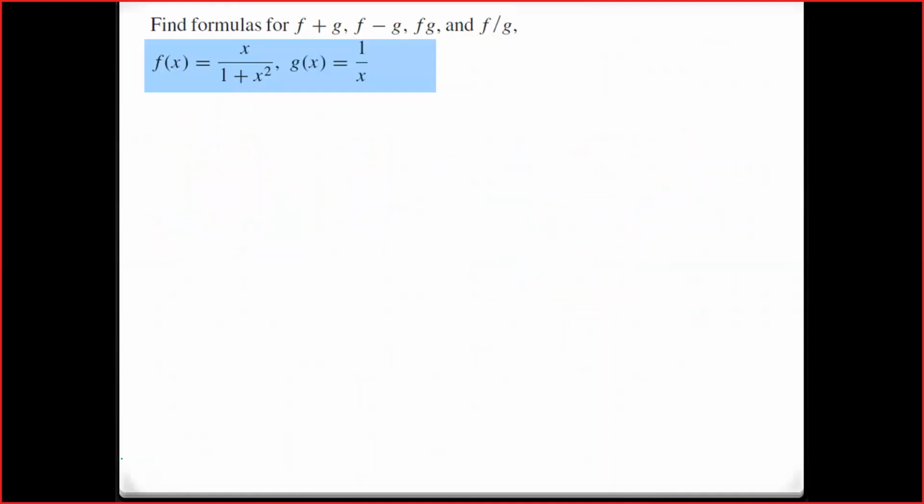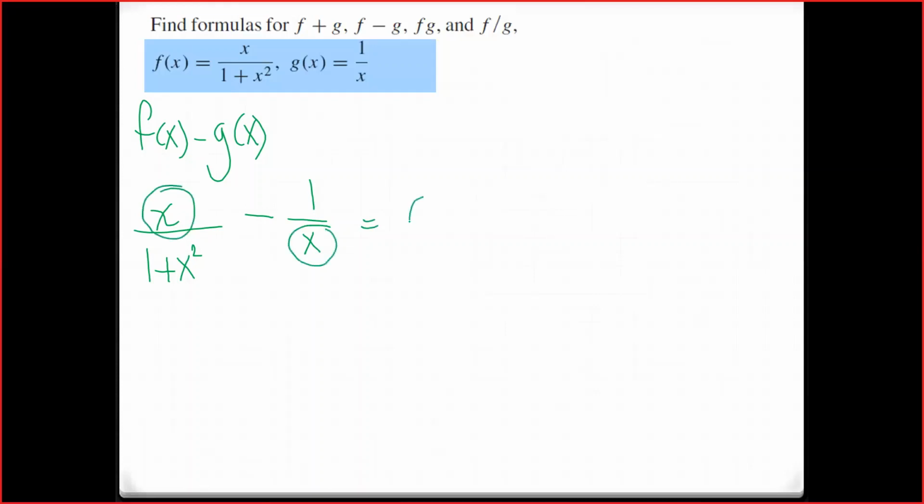Now, let's do f of x minus g of x. x over 1 plus x squared minus 1 over x. Here also, we have to do the same steps. We have to find the common denominator. x multiplied by x is x squared. But in the first step, we put a plus sign. Here now, I have to put a minus sign.